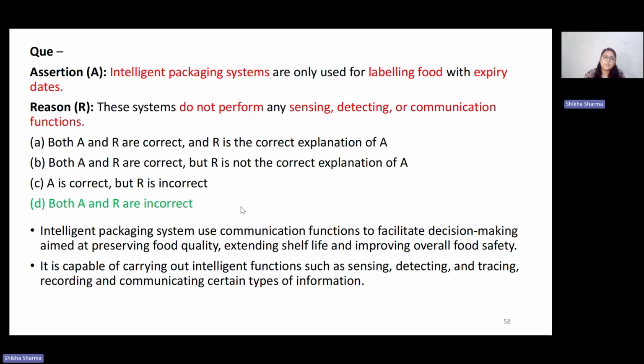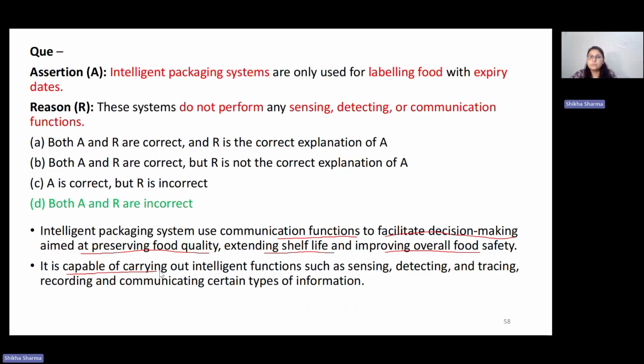Basically, both the assertion and the reason are incorrect here. Intelligent packaging systems use communication functions to facilitate decision making aimed at preserving food quality, extending shelf life, and improving overall food safety.